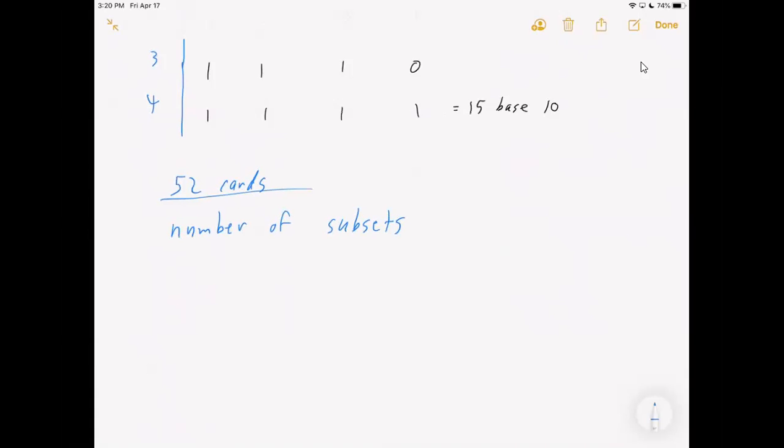Okay, so that would end up being 2 to the 52nd power. And so let me quickly pause this while I calculate that. And the number is extraordinary. Okay, in scientific notation, I'm not going to go to the ones place. It's 4.5 times 10 to the 15 subsets.